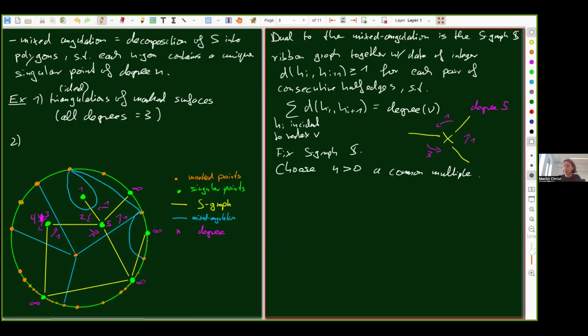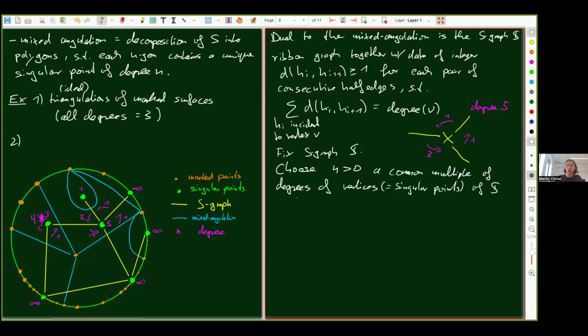Then you choose an n, which is a common multiple of the degrees of the vertices, which are just the singular points of S, by which of course I only mean the finite ones. If there are vertices of degree infinity, you don't have to worry, anything is a multiple of infinity.